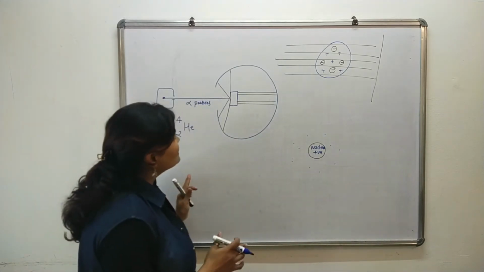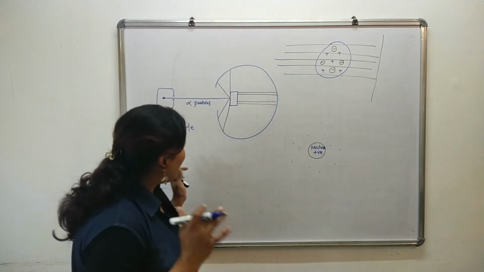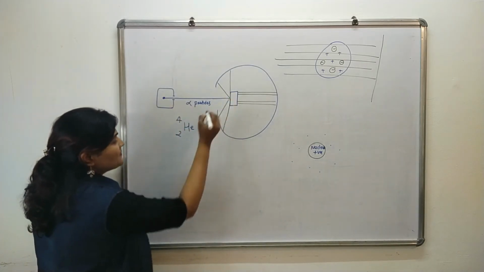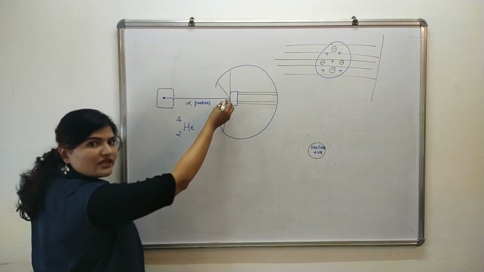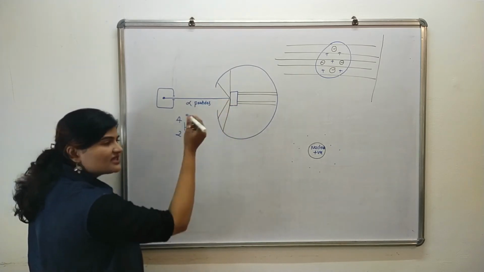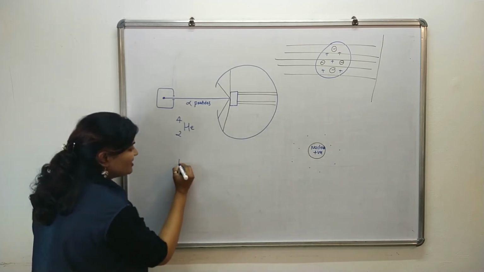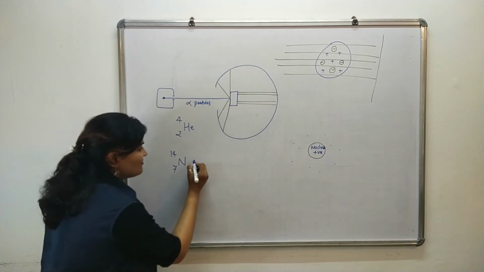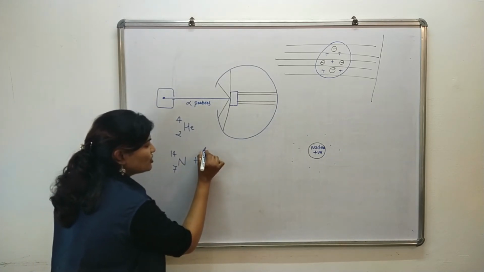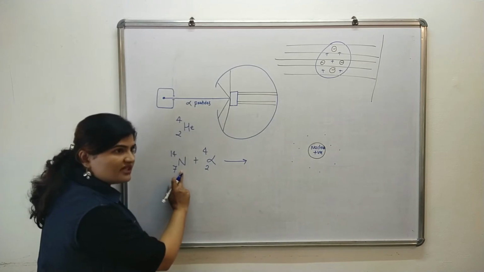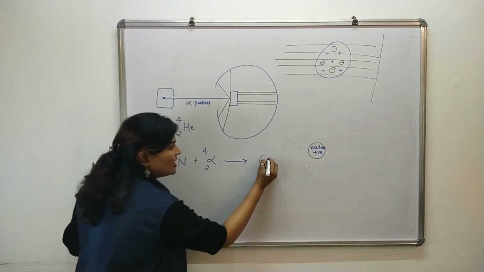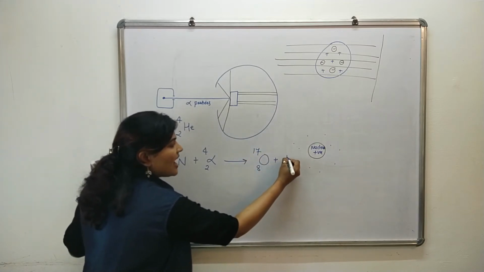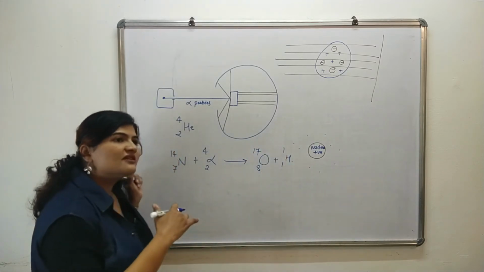He observed in his experiments, using various elements for hitting by alpha rays, that if he hits the nitrogen nucleus, which is N 7 14, with an alpha particle, which is 2 4, then the nitrogen nucleus gets transmuted into an oxygen nucleus, oxygen 8 17, plus a hydrogen nucleus is emitted every time.